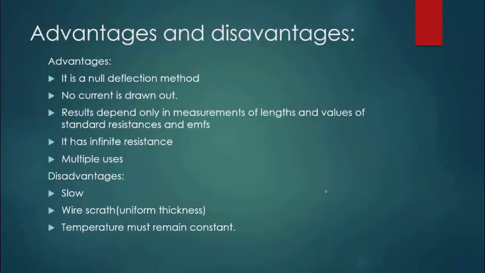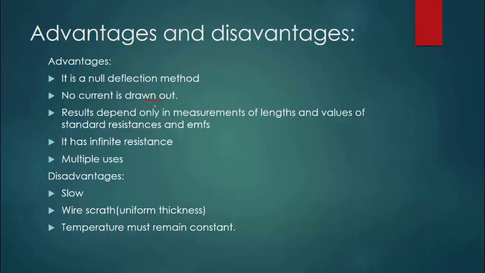Advantages and disadvantages of using the two instruments. Kwanza, advantages ni it is a null deflection method, as I said earlier. No current is drawn out. You remember kwamba tunapopima EMF is the voltage across the battery when it is not supplying current to any external resistor. Unakumbuka tu mwanzo kabisa ulisema hivyo, battery ikiwa kwenye open circuit, pale ndo tunapima EMF.